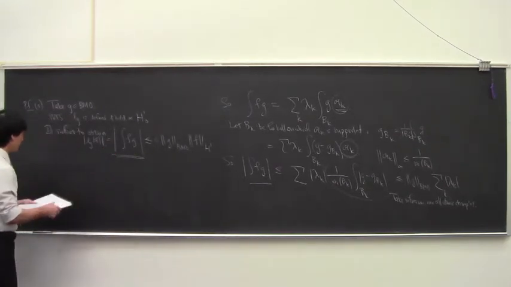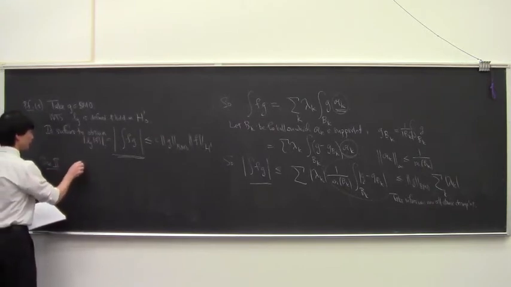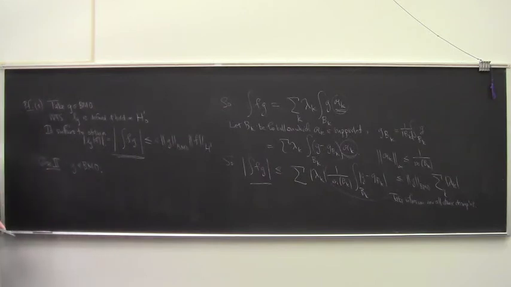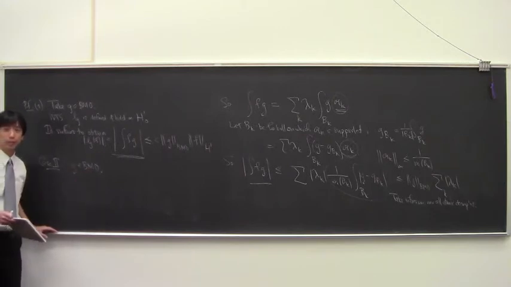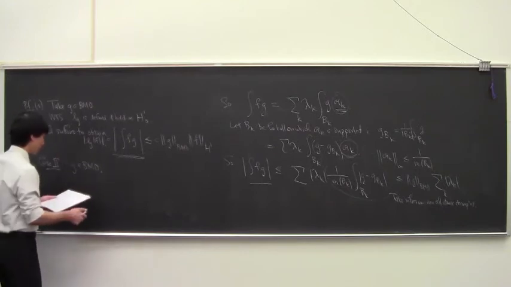Okay. Case 2, for the general g in BMO. So previously we were assuming that we just did it for g in L infinity. Now let's do it for g in BMO, and you do it by approximation.